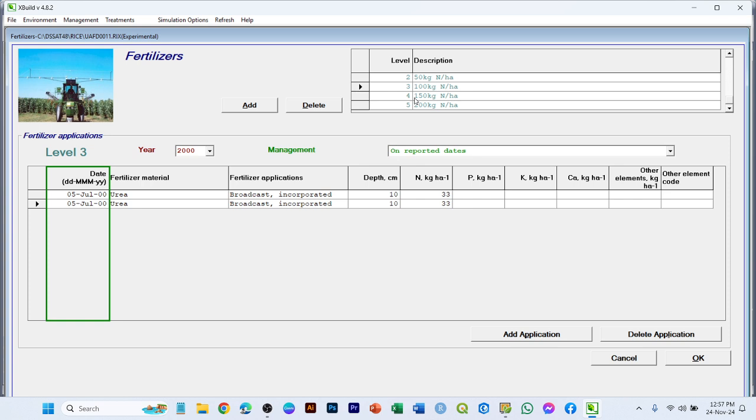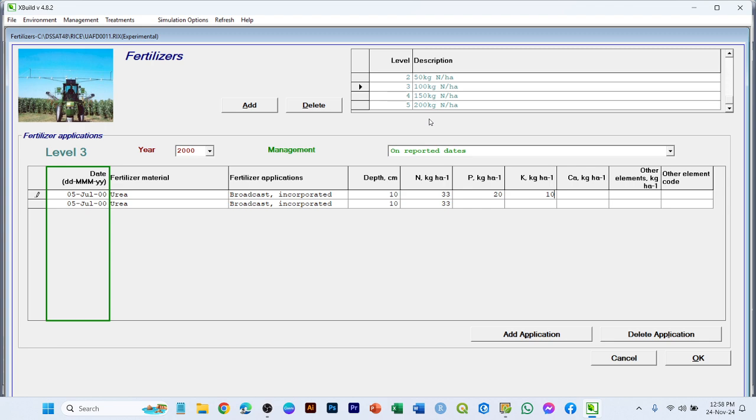For example, with 30 kg nitrogen, if you are going to apply 20 kg potassium, you have to write it over here. But keep in mind, externally, not within the soil. That is already in the form of samples.